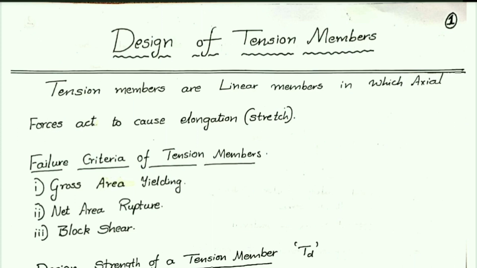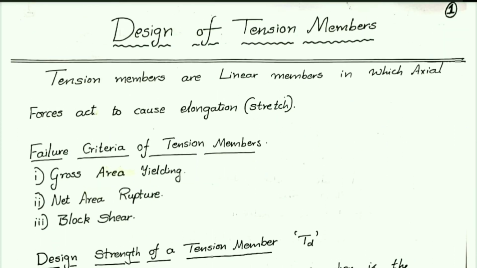Here only the axial force will act, and this is one of the common types of force transmitted in a structural system. This tension member is very efficient since the entire cross section carries uniform stress, unlike flexural members.